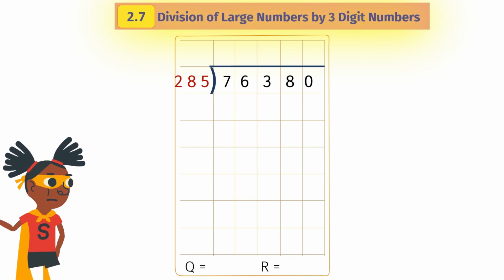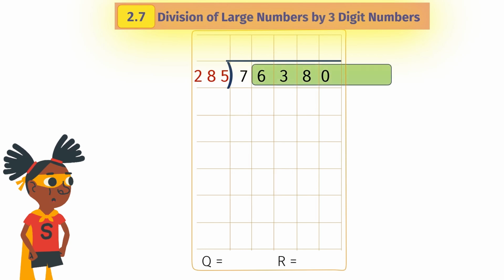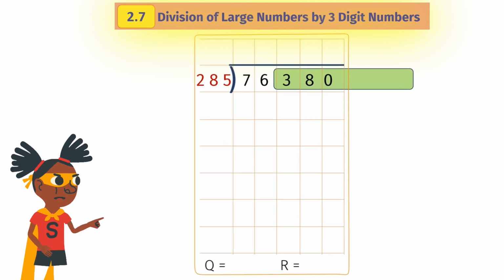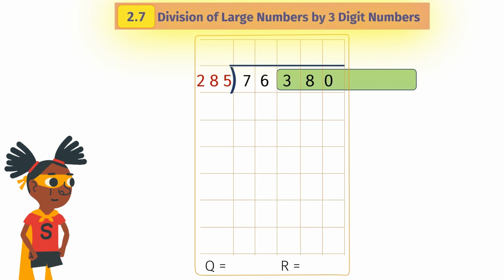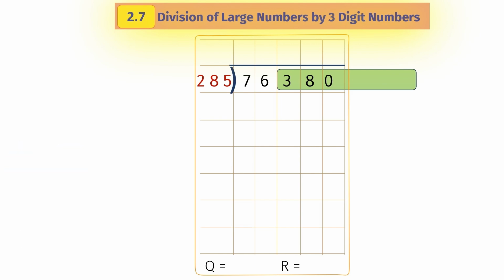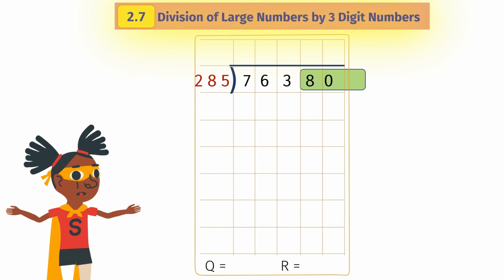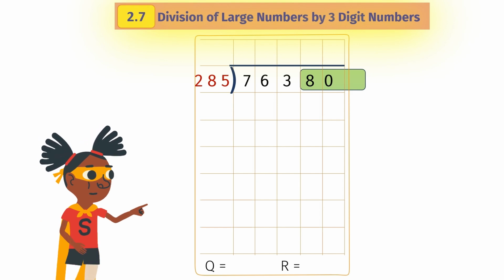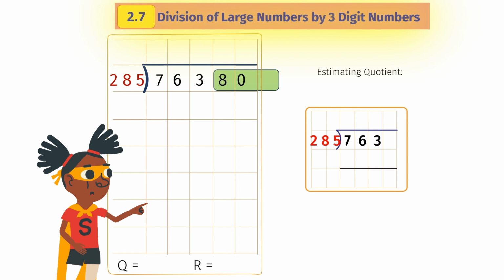We know that, in the dividend, we need a number greater than the divisor to proceed with the division. 7 is lesser than 285. 76 is lesser than 285 as well. 763 is greater than 285. We will proceed with the division. So we have to divide 763 by 285.